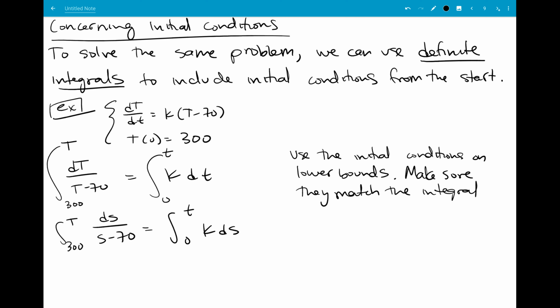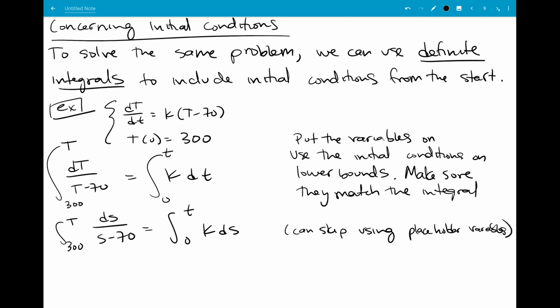And so what you're going to get is a definite integral that you can solve. So just real quick, you can skip using placeholders if you find that unpleasant. And I didn't write it before, but put the variables on the upper bounds. Okay, so that's how you set up a definite integral for this problem.